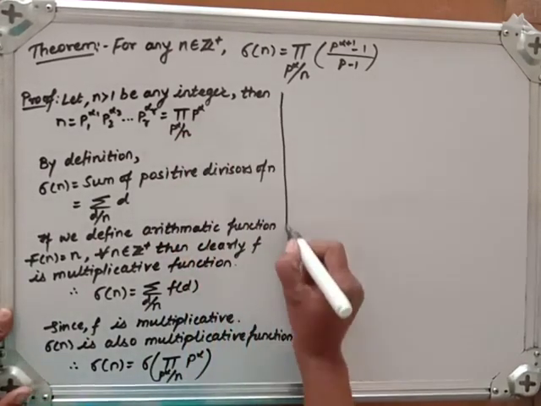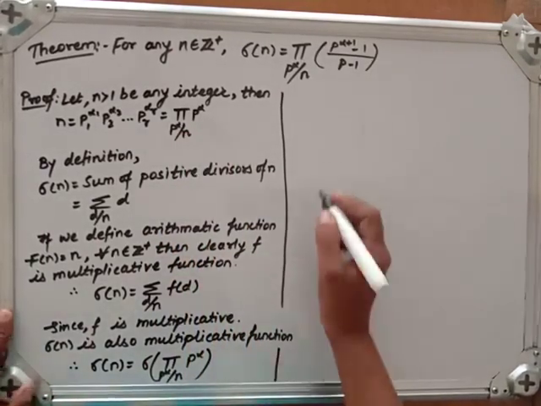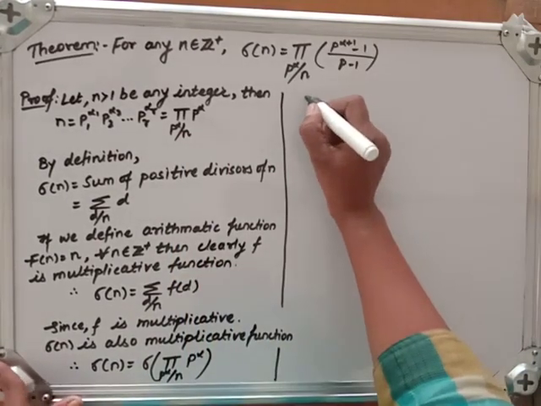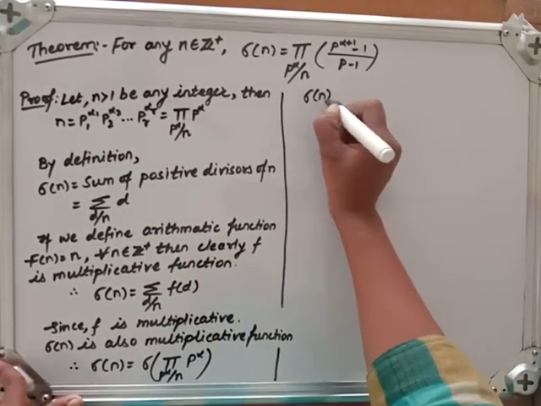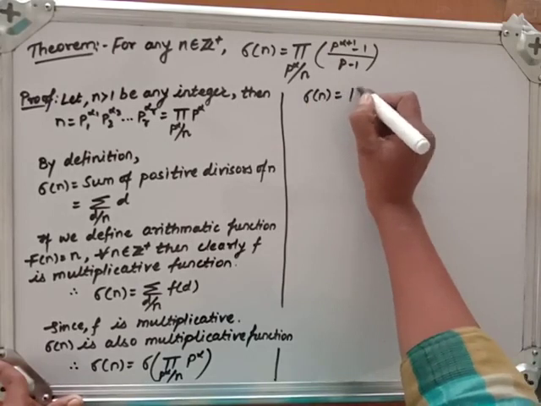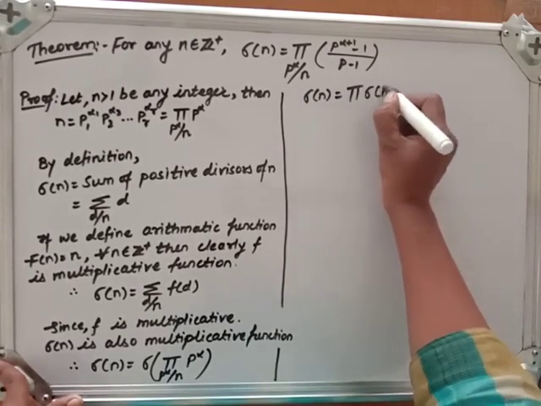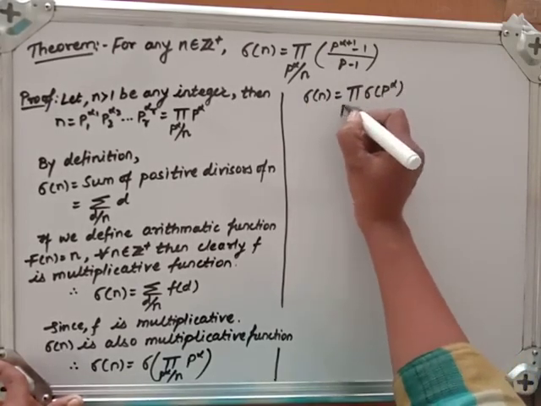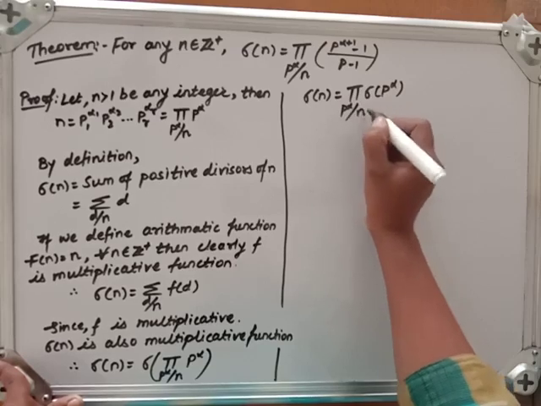Now since sigma n is multiplicative, this is same as sigma of n is equal to product of sigma p raised to alpha, where p raised to alpha divides n.